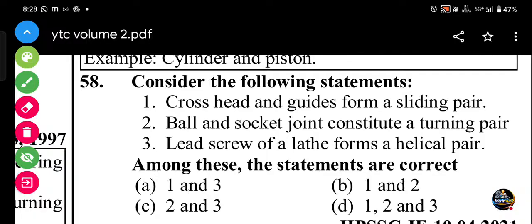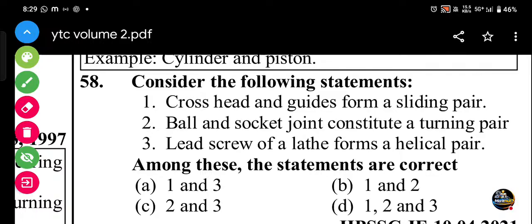Consider the following statements: crosshead and guides form a sliding pair, ball and socket joint constitutes a turning pair, lead screw of a lathe forms a helical pair. Among these, which statements are correct? Crosshead and guides form a sliding pair.